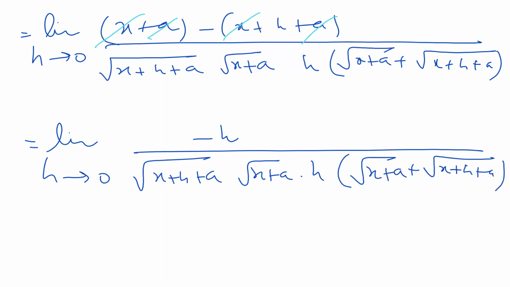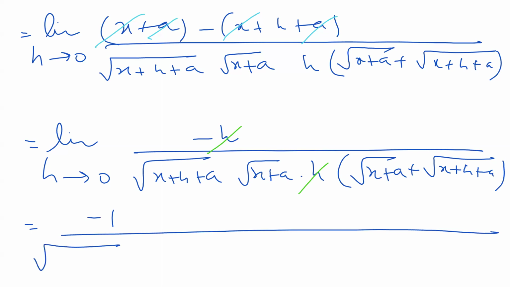So that h will get cancelled now. Now if you put h as 0 in the denominator, entire denominator won't be 0. So put h as 0 in the denominator. Wherever there is h, put 0.